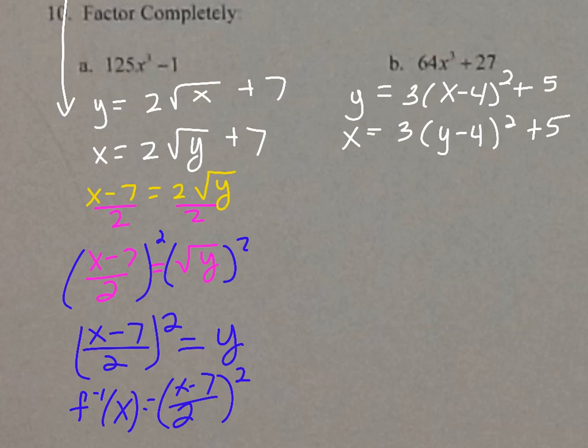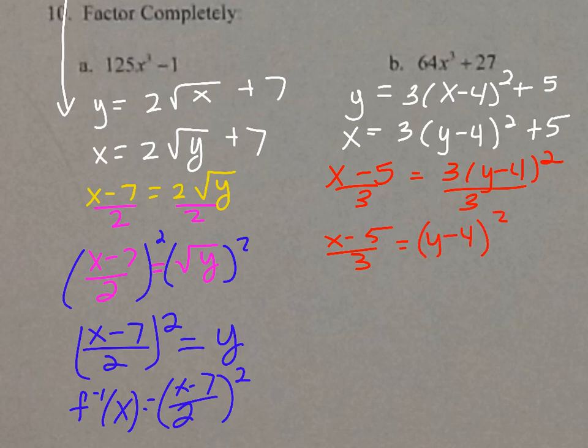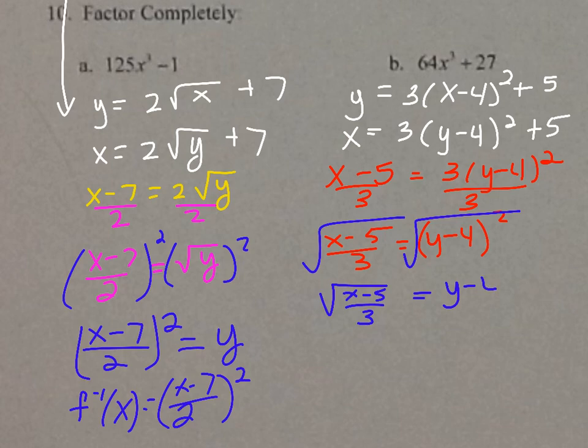So minus the 5 over. Okay, you can't square root to get rid of the square yet. You got to isolate. So divide by 3. So we have X minus 5 over 3 equals Y minus 4 squared. Now you can square root both sides. So I get the square root of X minus 5 over 3 equals Y minus 4.